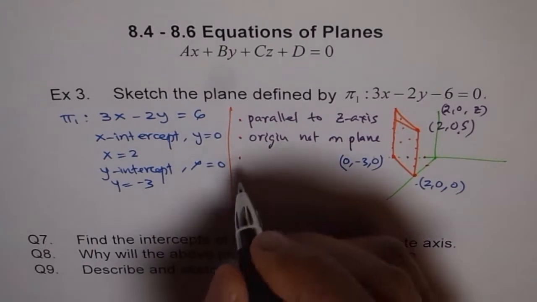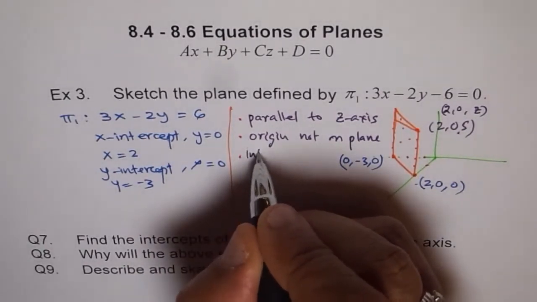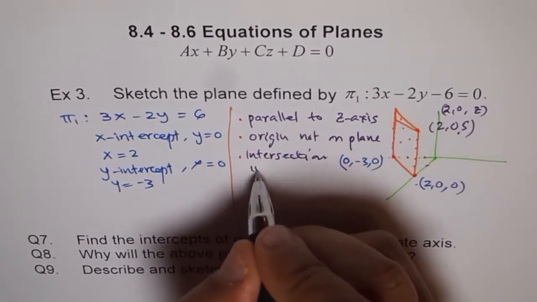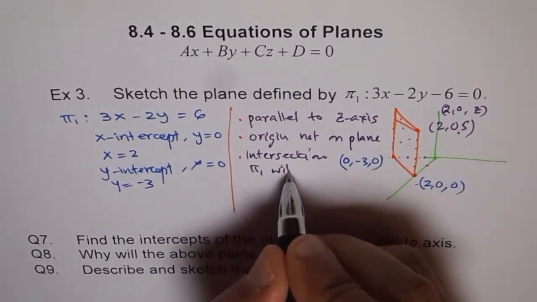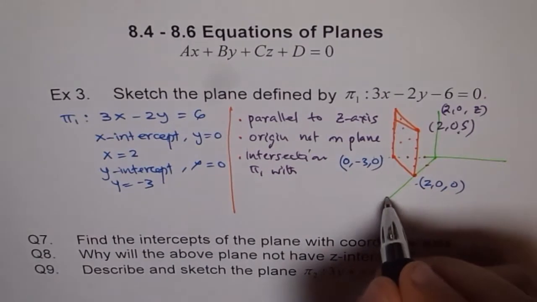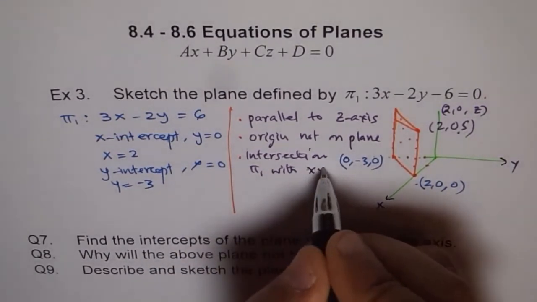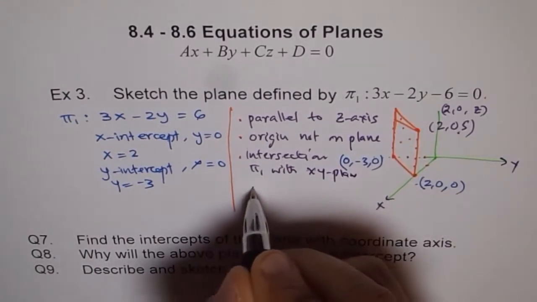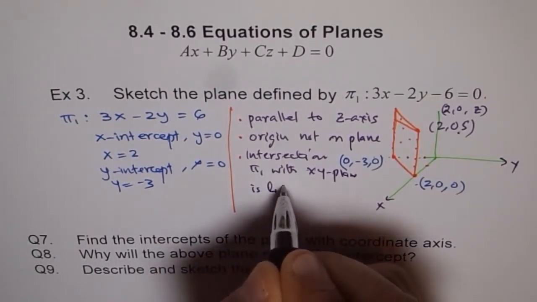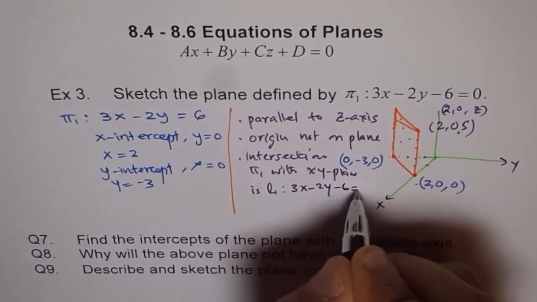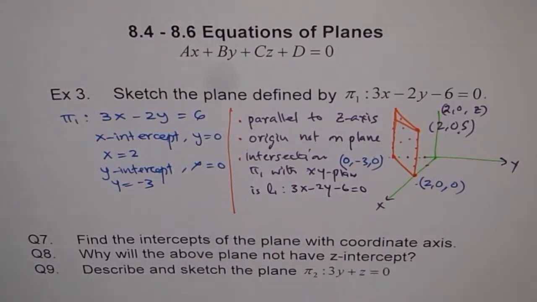So we should say the intersection of pi 1 with the xy plane is line 1, which is 3x minus 2y minus 6 equals 0. These are a few points which we come across when we try to sketch this plane.